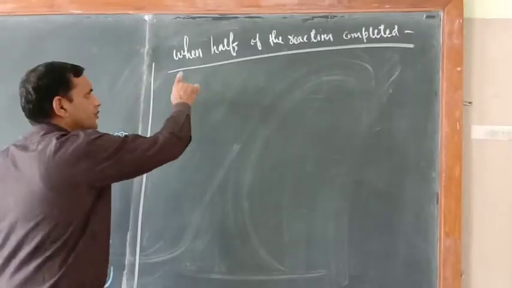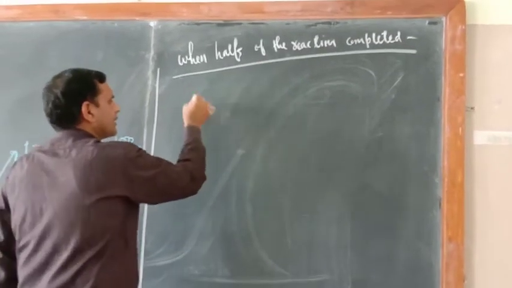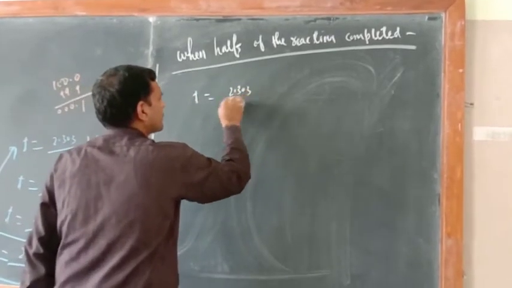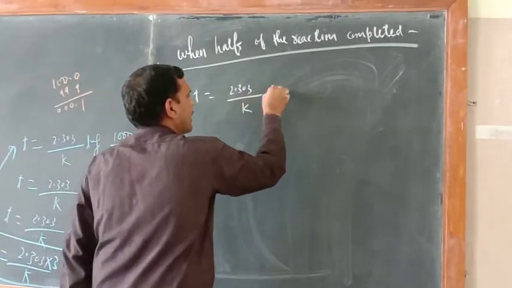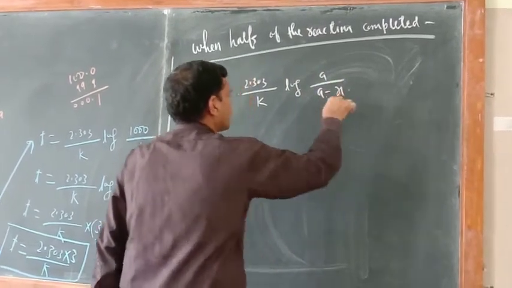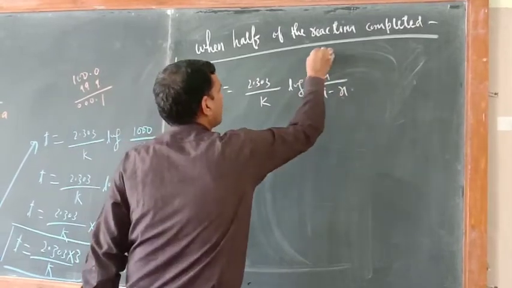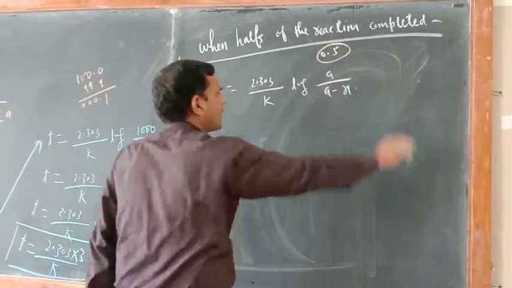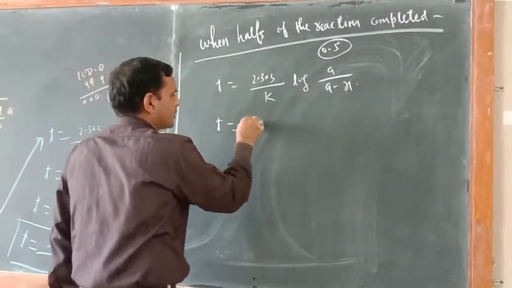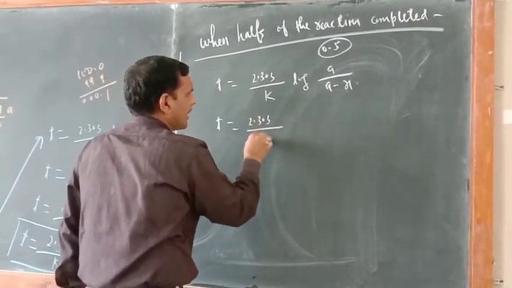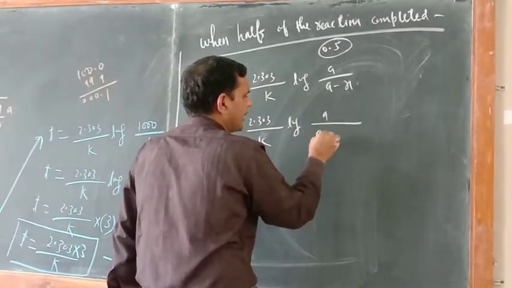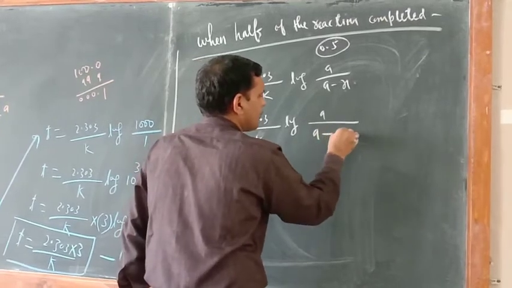So when half of the reaction is completed, same equation: t equal to 2.303 by k, log A minus x. Half means 1 by 2, that is 0.5.